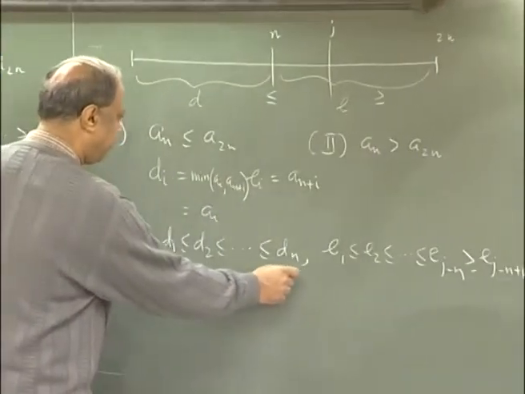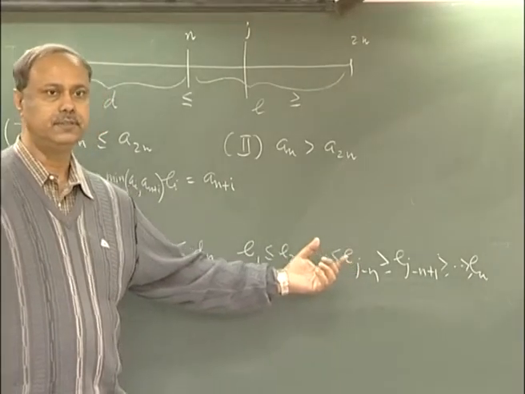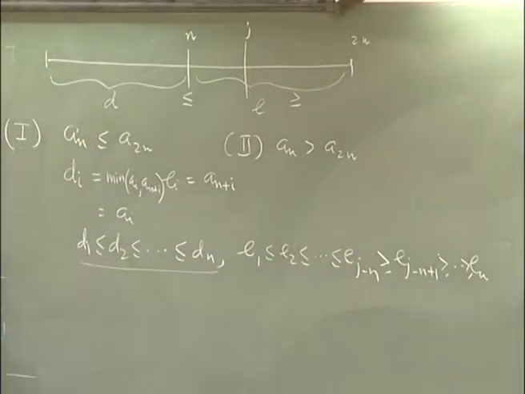So this is a bitonic sequence. This is also a bitonic sequence. So why is the minimum always A?